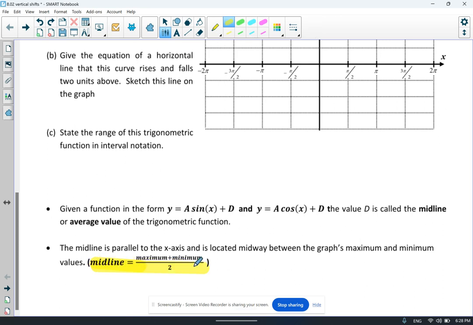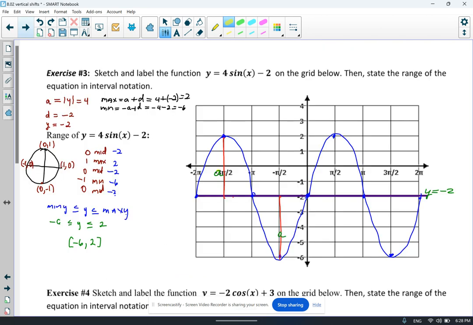We're going to go over that tomorrow because we didn't cover a couple of examples. So you can skip number 4 from your homework because we're going to do that tomorrow. But again, the midline represents the average of that function, the middle, right? How do you take the average? You're taking the max plus the min divided by 2.